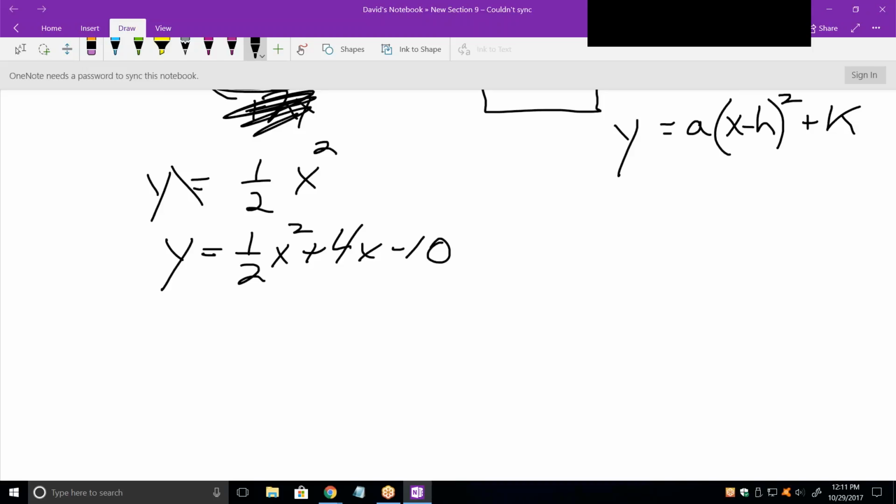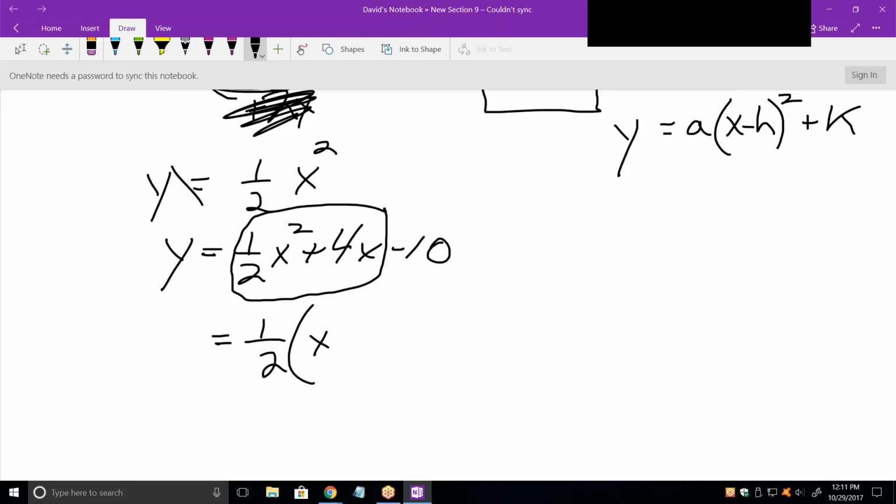Well, I'm close. I got a number at the end. That's the start of a k. And if I'm going to complete the square, you always do it by working with your x squared term and your x term. Now, before you can complete the square, you have to make sure that the x squared coefficient is 1. So I have to factor out that 1/2.